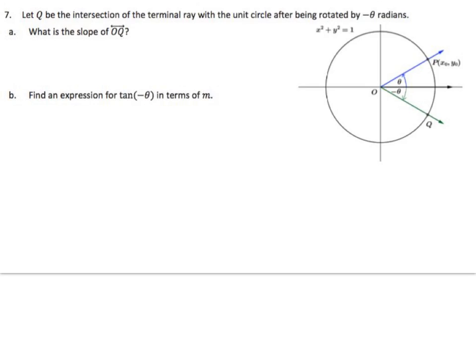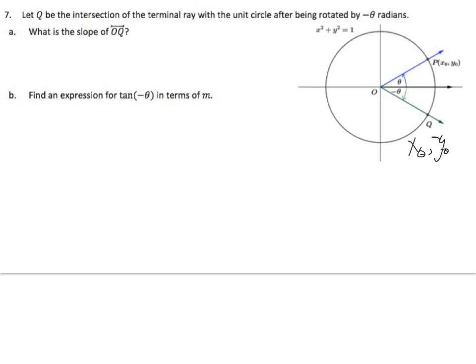Ray OQ is a reflection of ray OP across the x-axis, so the coordinates of Q would be x of theta comma negative y of theta. So the slope of OQ is the opposite of the slope of OP.